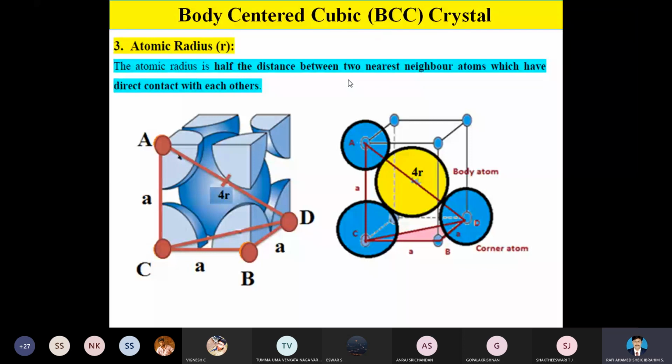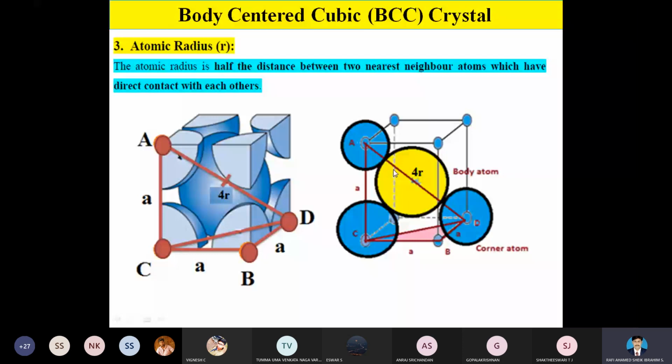But in BCC and FCC, body centered and face centered, the corner atoms do not touch each other directly. The corner atoms touch along the body diagonal. So this is a difference.